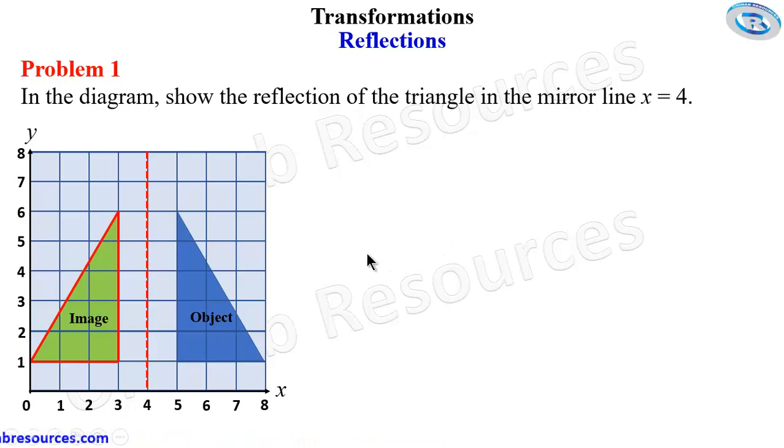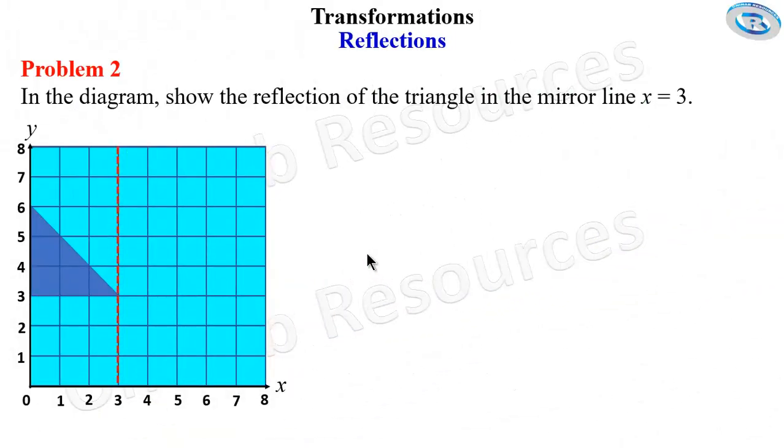We then go to problem 2. For problem 2, in the diagram, show the reflection of the triangle in the mirror line x is equal to 3. So we have been given the mirror line as x equal to 3, and we are to reflect the triangle.